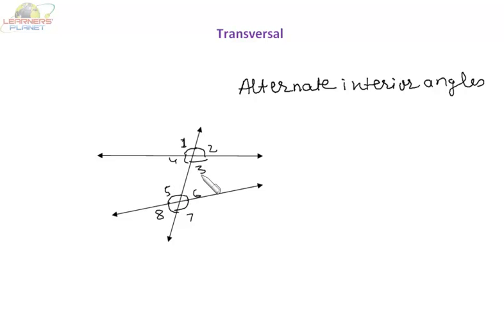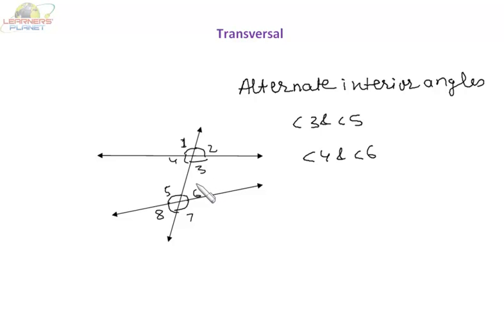Here we see angle 3 and 5. They are lying inside the lines, but they are lying opposite of this transversal. So we call them alternate interior angles. So angle 3 and angle 5 are a pair of alternate interior angles. Similarly, angle 4 and angle 6 are also a pair of alternate interior angles. Angle 4 and 6 are lying inside the lines and they are on opposite sides of the transversal.